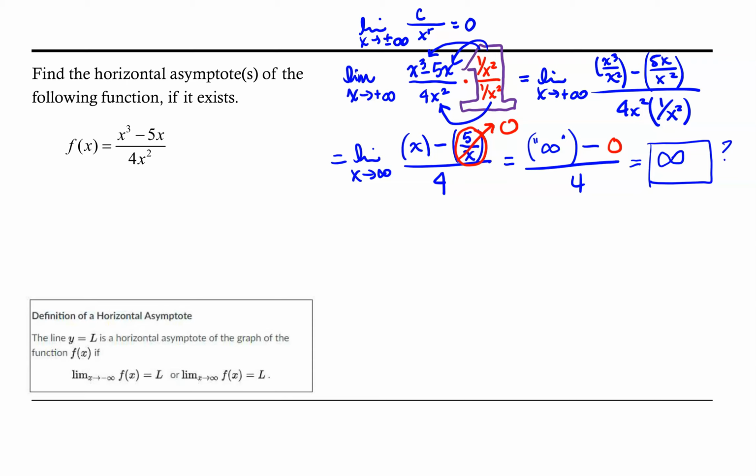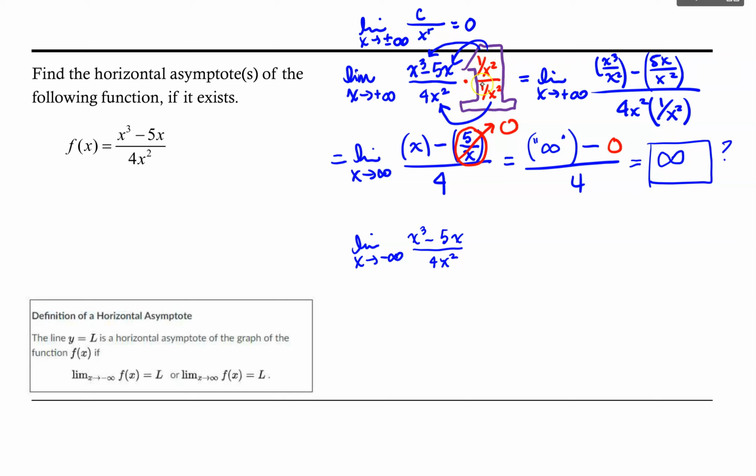So let's go ahead and see what happens when we head out to negative infinity. So the limit as x approaches negative infinity of x cubed minus 5x over 4x squared. Well, notice that we're going to basically use the same process that we did in terms of creating an equivalent function.